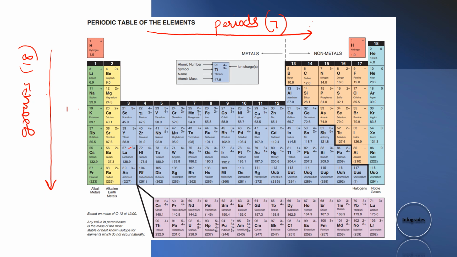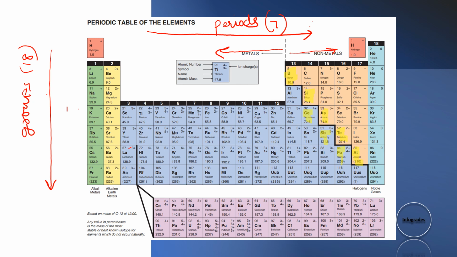We have divided the periodic table into 3 major categories: metals on the left side, nonmetals on the right side, and the staircase elements we discussed: boron, silicon, germanium, arsenic, antimony, tellurium, polonium, astatine. These are the metalloids. The elements on the right side are nonmetals.